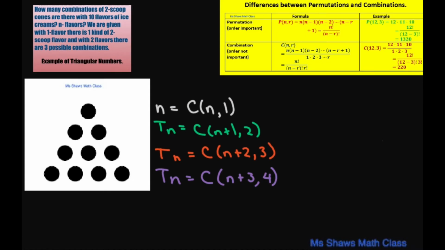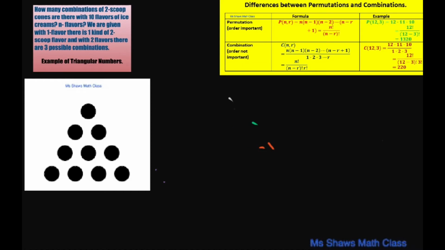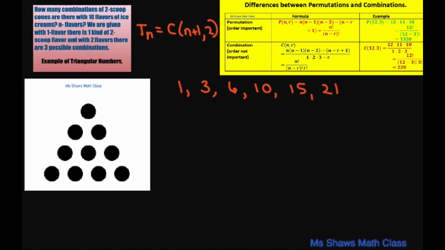The formula for triangular numbers, since we're choosing 2, is T sub n equals C(n plus 1, 2), n plus 1 choose 2. So basically, we have 1, 3, 6, 10, 15, and 21, and so forth.